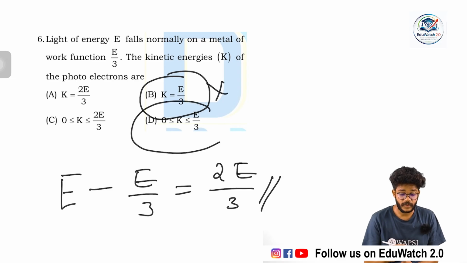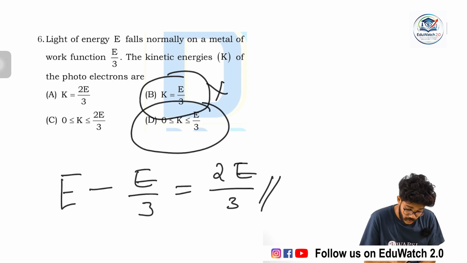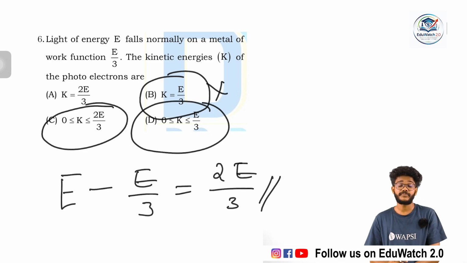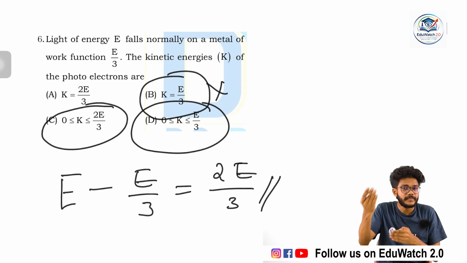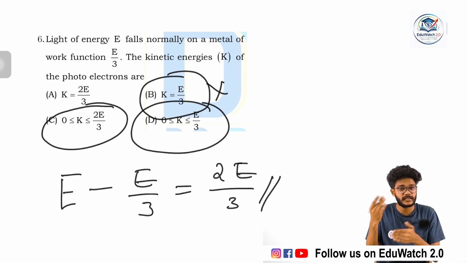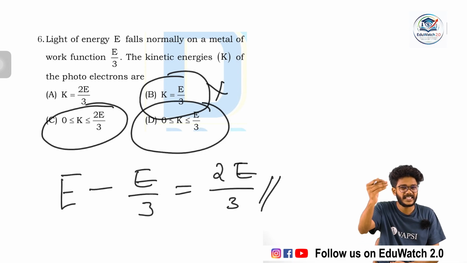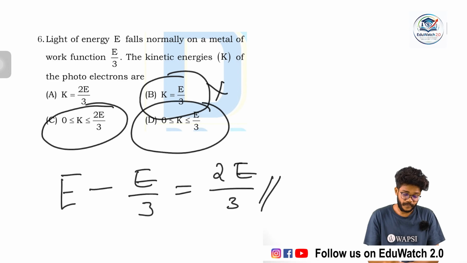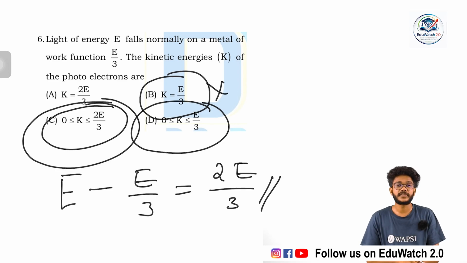It is from 0 to 2E by 3. Option C is more accurate because there can be some collision, some energy disintegration factor, some external factor, so some of the photoelectrons can have energy lesser than 2E by 3. So the correct option is option C.